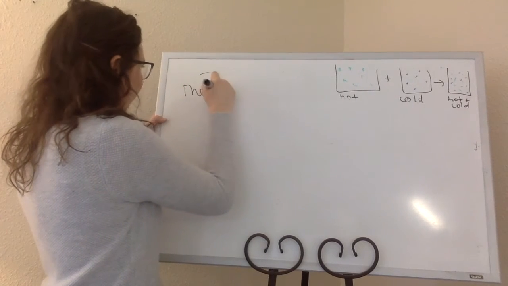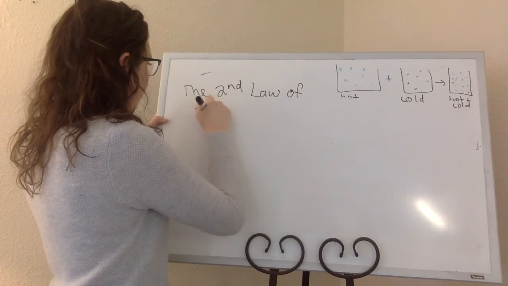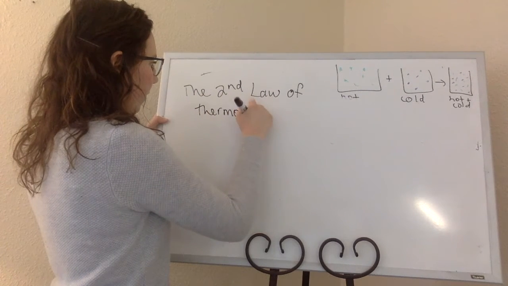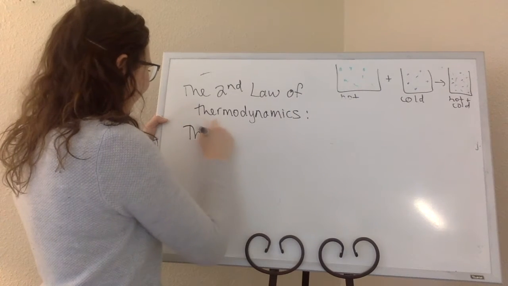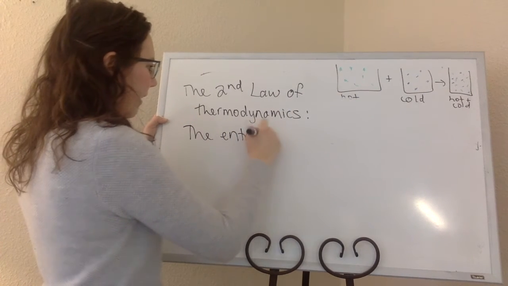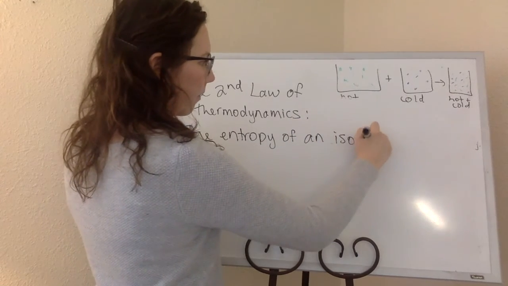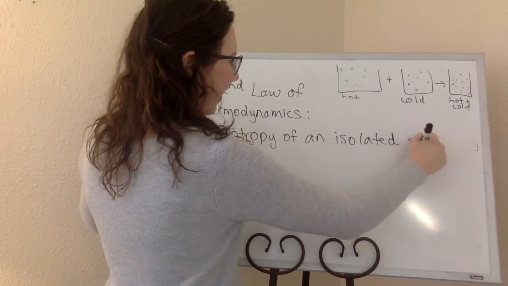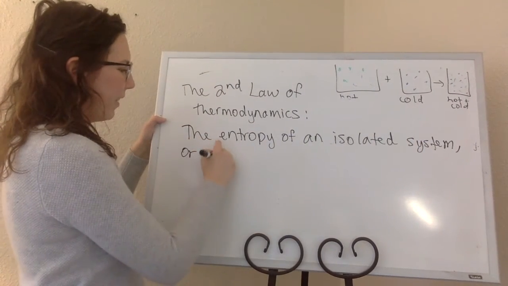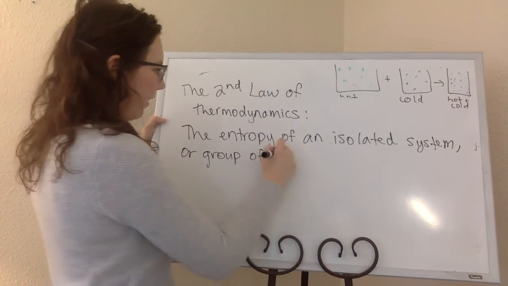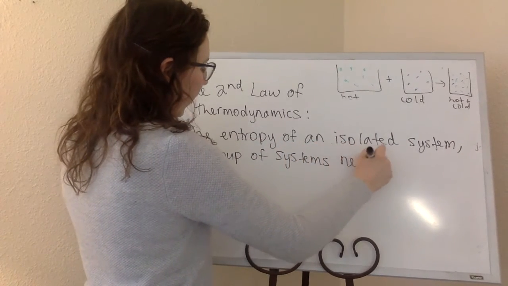Okay, so the second law of thermodynamics says that the entropy of an isolated system or group of systems never decreases.